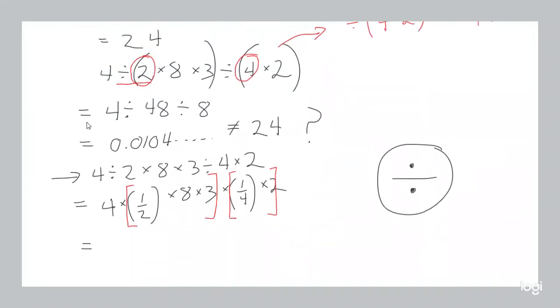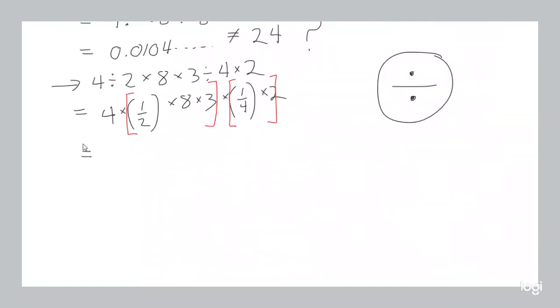Notice that this is the same place where we had brackets before. But we're actually writing things properly. We're actually writing the numbers as the way they're supposed to be written. Dividing by 2 is multiplying by 1 over 2. Dividing by 4 is multiplying by 1 over 4. And let's see what we get now.